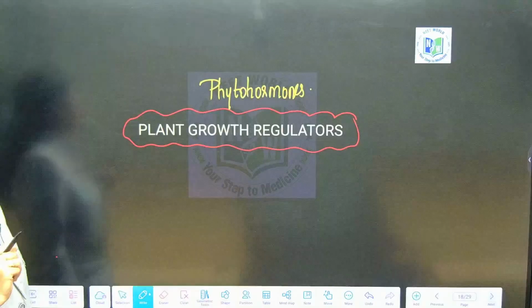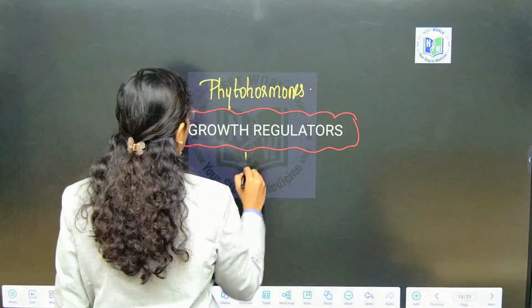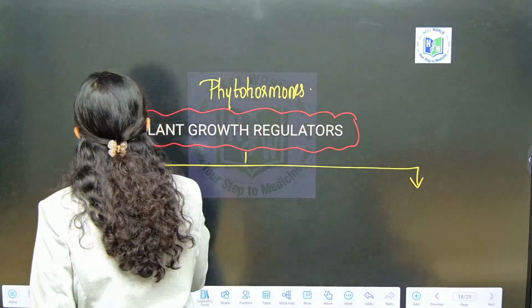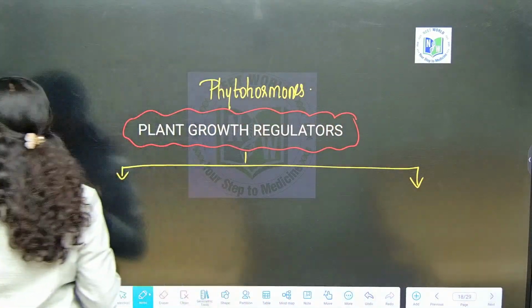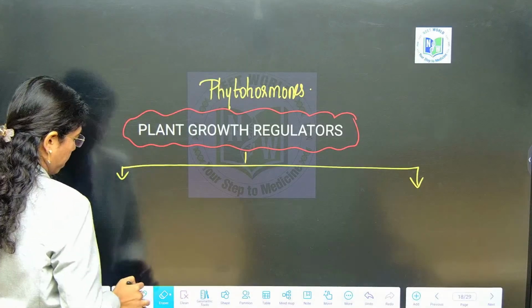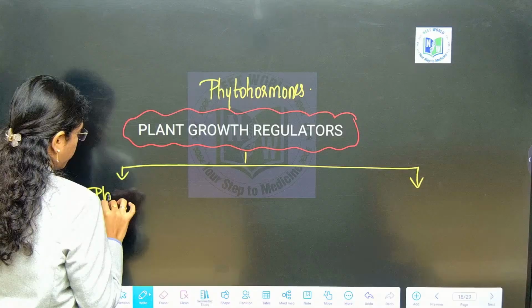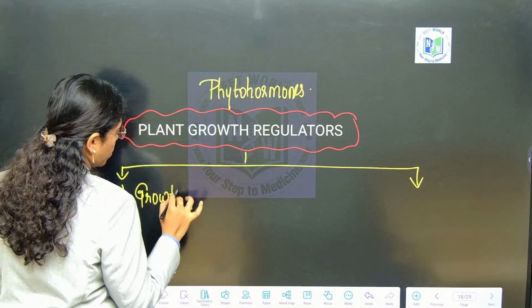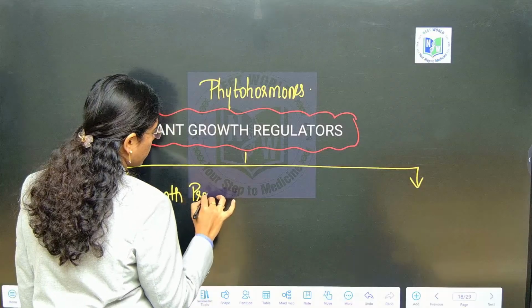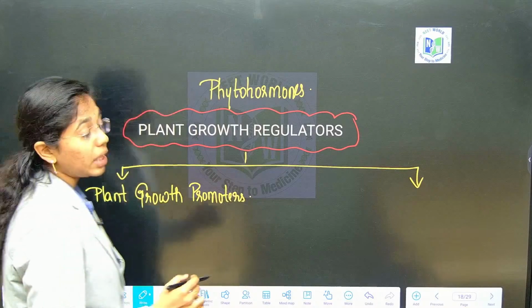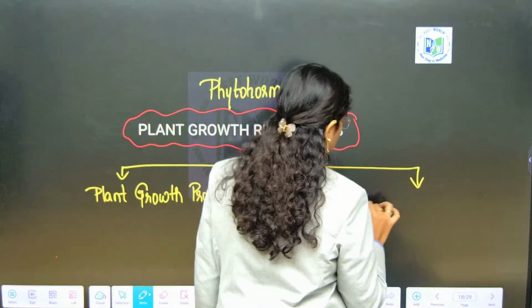That is about phytohormones. We have two types of phytohormones: one is plant growth promoters and the second is plant growth inhibitors. We have both.